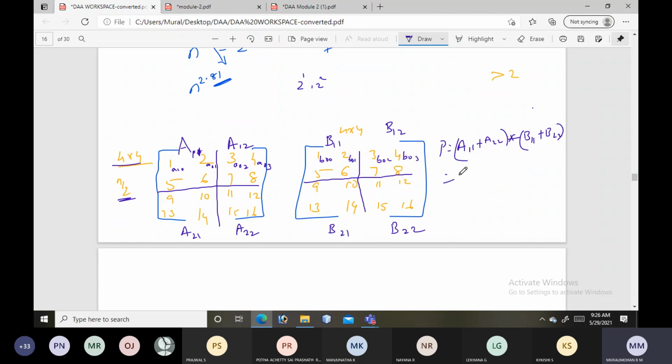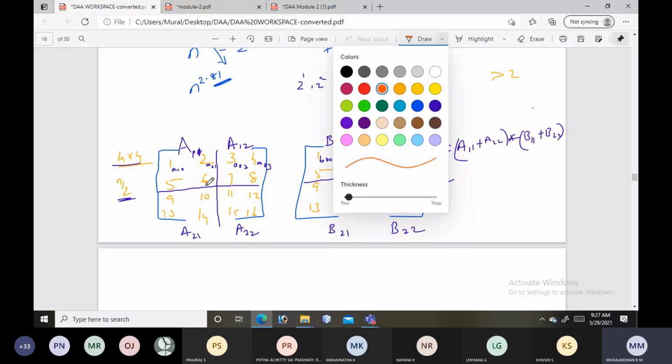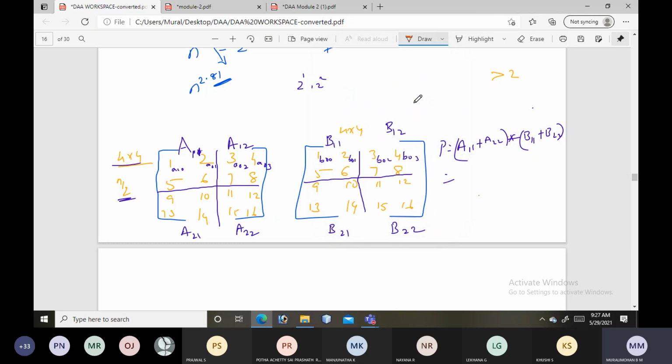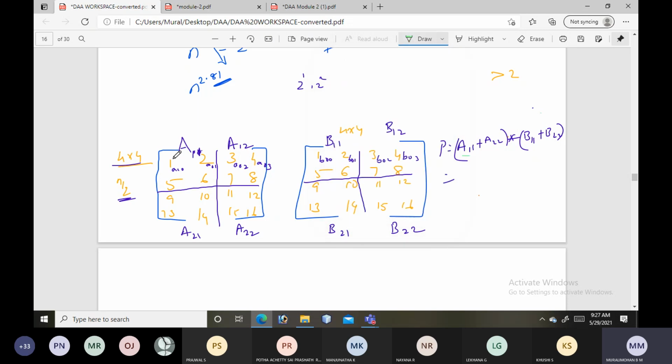You calculate this now. A11 means these 4 elements are A11.